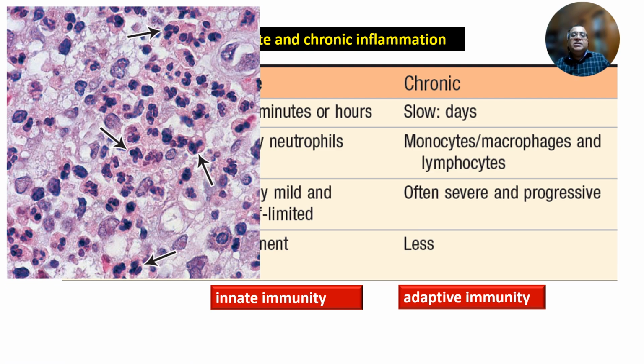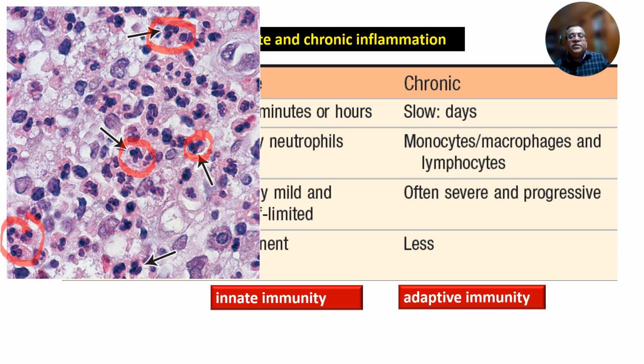So this is the histopathological picture in which you can see that these are the polymorphonuclear neutrophils. These are the multi-lobed neutrophils that are present in acute inflammation.